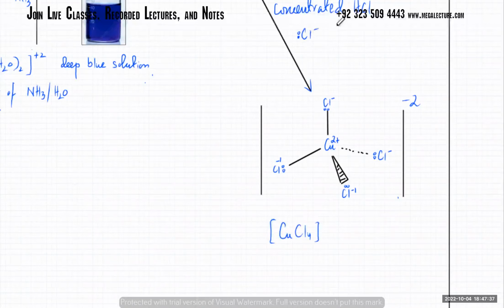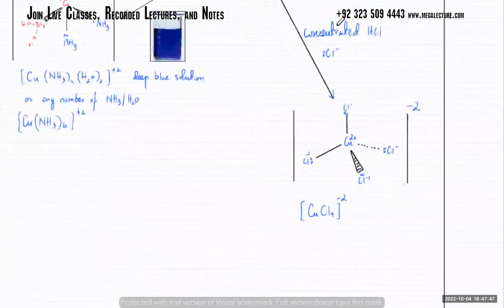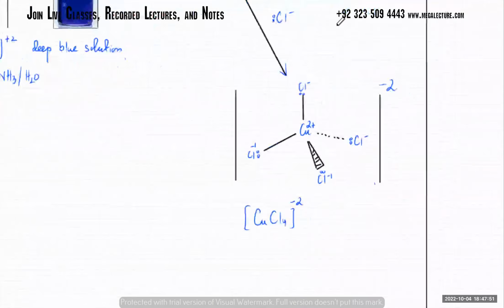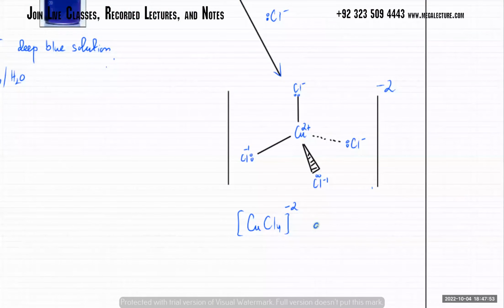Remember, every time when you write a complex, you're going to put square brackets around it. And this entire thing has a charge of -2. So this is your CuCl4 -2 complex. And this thing over here has a greenish yellow color.